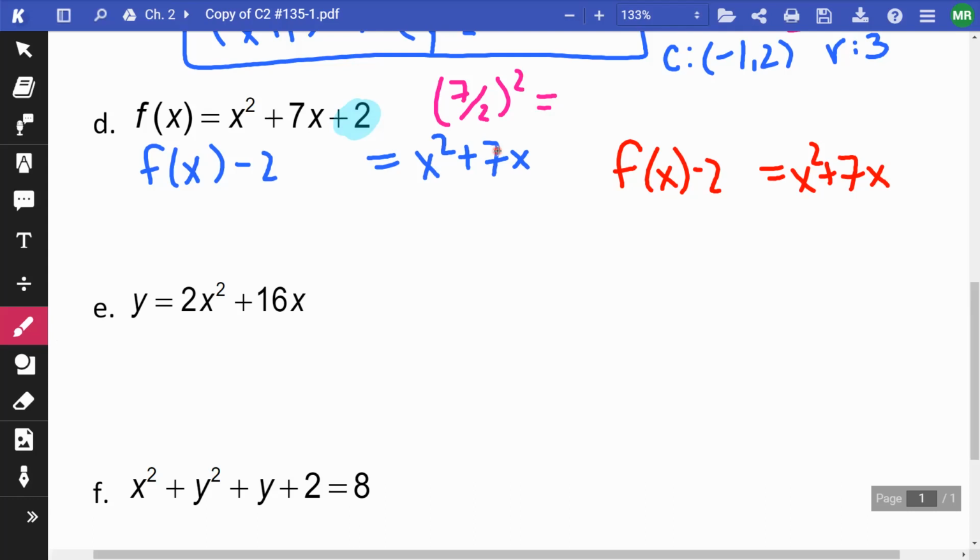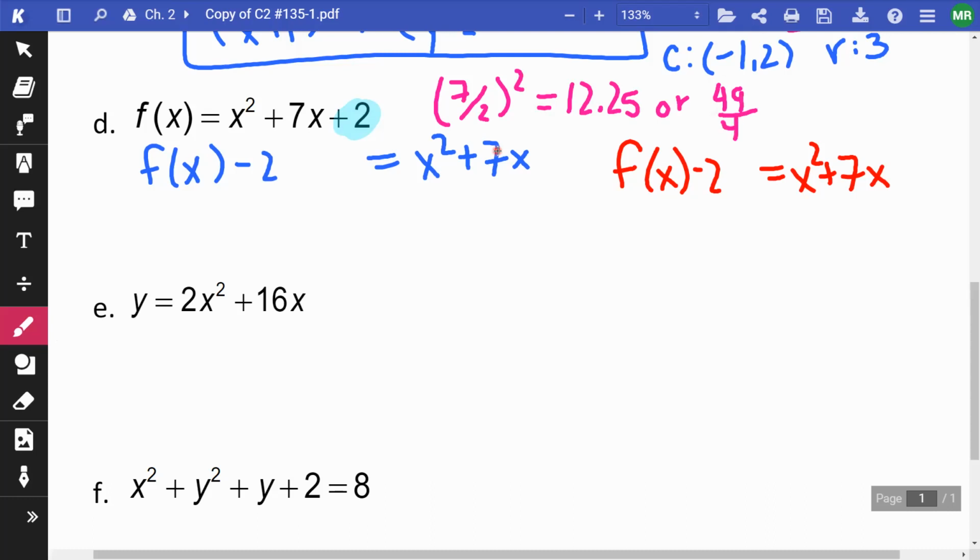If I'm doing it as a decimal, half of 7 is 3.5. And let me just put in my calculator here. And 3.5 squared is equal to 12.25. Or if I leave it as a fraction, half of 7 is 7 halves. And when I square that, I get 49/4.